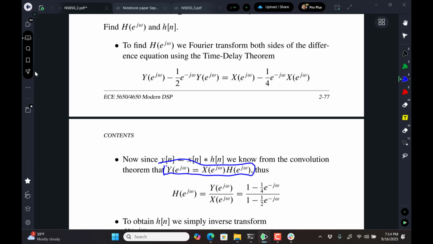And then we form the ratio of Y over X, and we're left with the numerator term from the factoring on the x side and the denominator term from the y side.